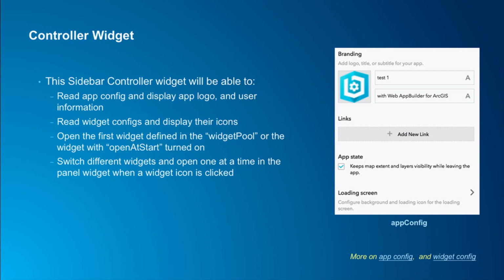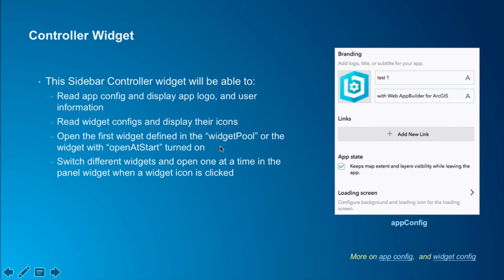So the sidebar controller will be able to, as I mentioned before, read the app configuration settings, which is actually the information you entered or modified on the Web AppBuilder editor UI under the Attributes tab, which includes the logo of the app, the main title of the app, the subtitle, the links, and a couple more pieces of information.